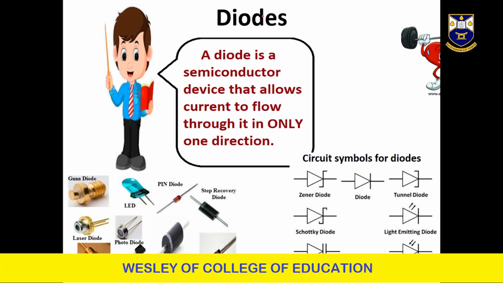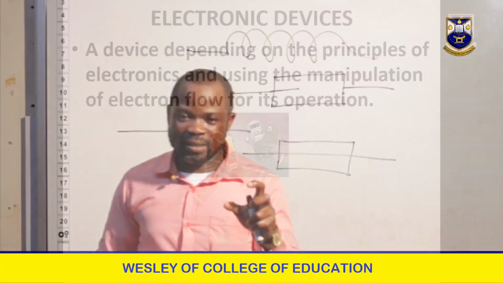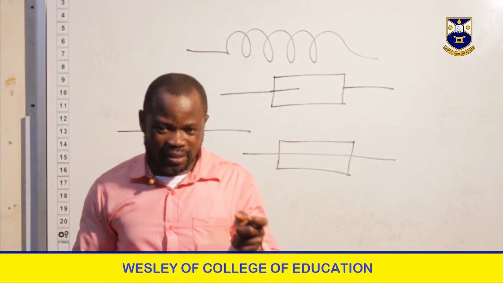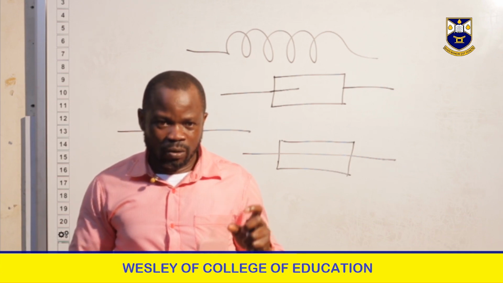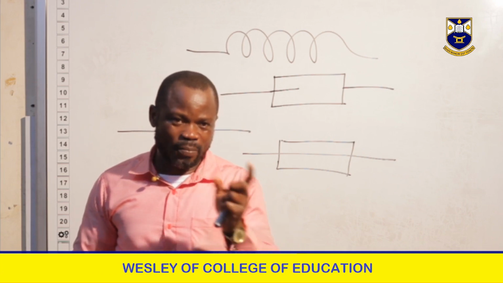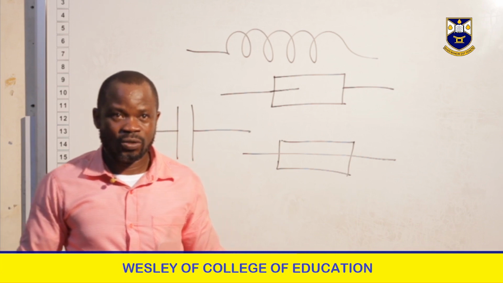Electronic devices. We are done with the components and are now looking at the devices. A device depends on the principle of electronics and uses the manipulation of electron flow for its operation. If you take an electronic device or appliance, you realize that both the active and the passive components we have mentioned are present in it.